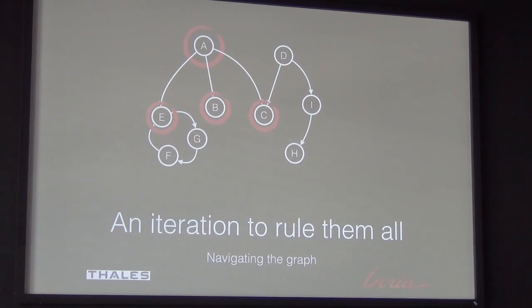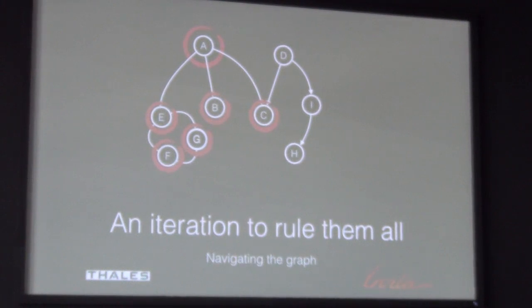But I could say maybe C is not good for this cluster, so I will not put C in my cluster. It depends on what kind of allocation function you are using. Then I just keep going and allocate every node to my cluster according to the allocation function.